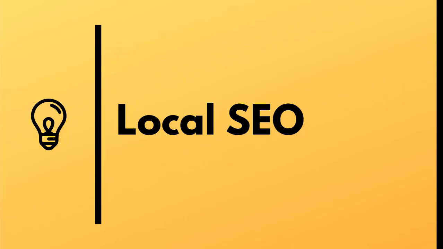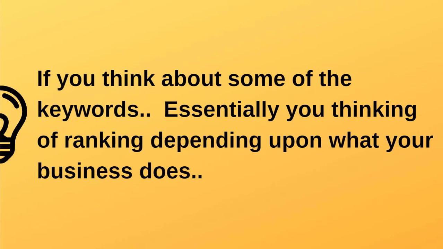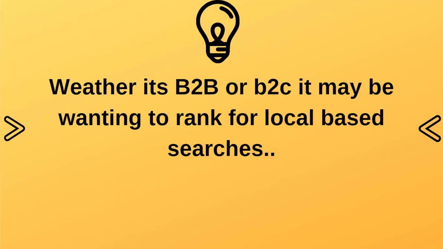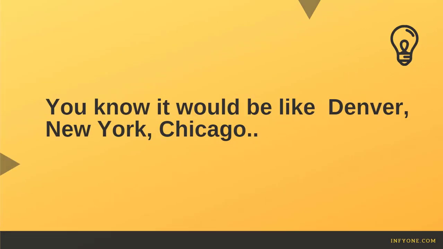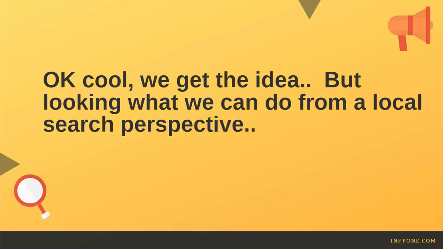So the sixth step of our SEO process is local SEO. Depending on what your business does, whether it's B2B or B2C, you may want to rank for local-based searches, like Denver, New York, Chicago.